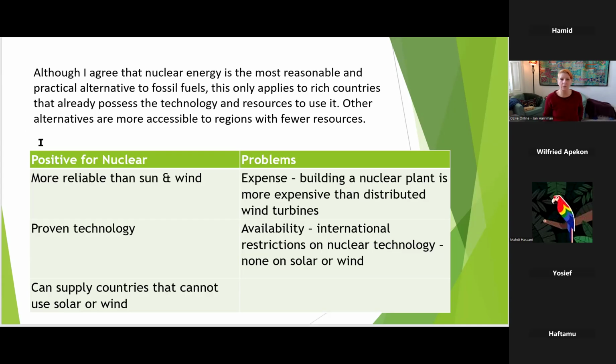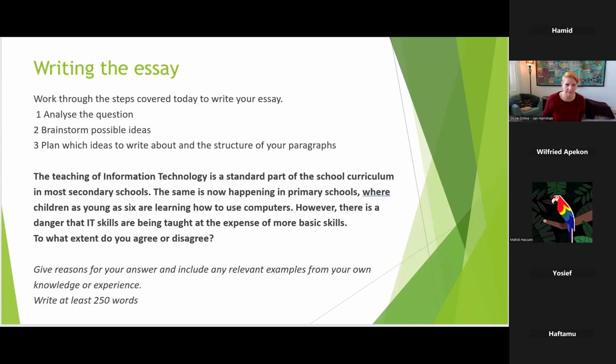Other alternatives are more accessible to regions with fewer resources. All right. So that's an example of a first analysis. That's a position statement, and everything else should support that.